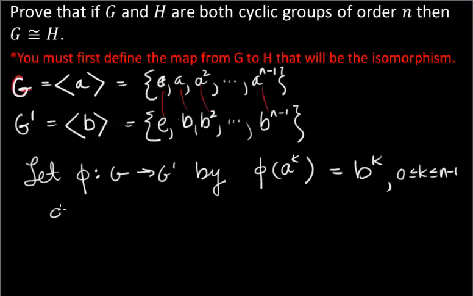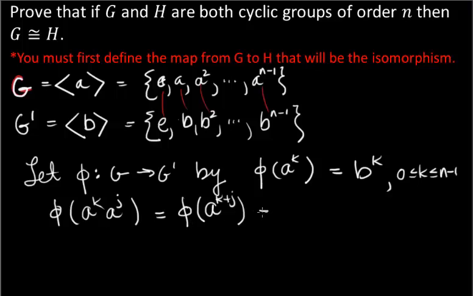That's obviously a natural mapping, but we need to make sure it's a homomorphism. So we say phi of A to the k, A to the j, in other words, two different elements of G, is phi of A to the k plus j.